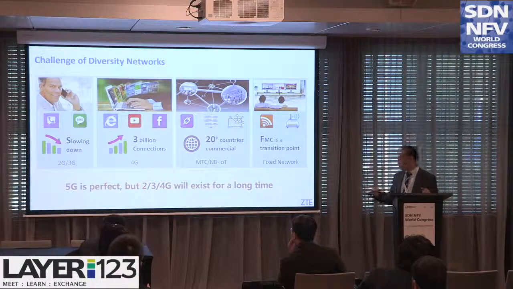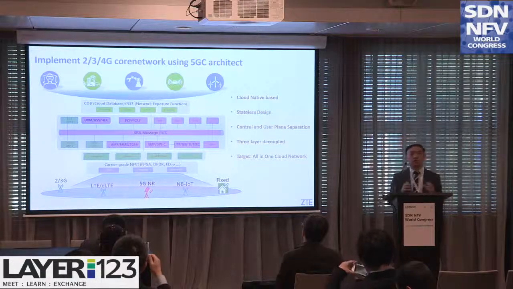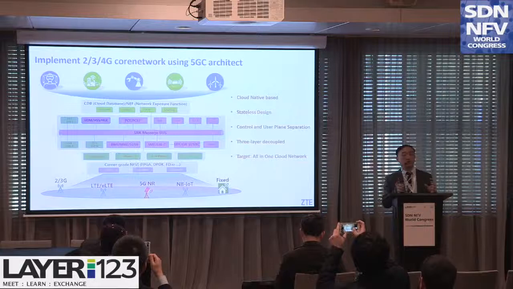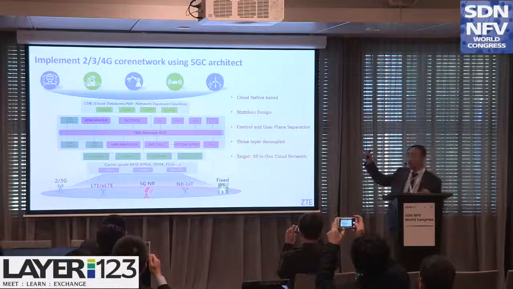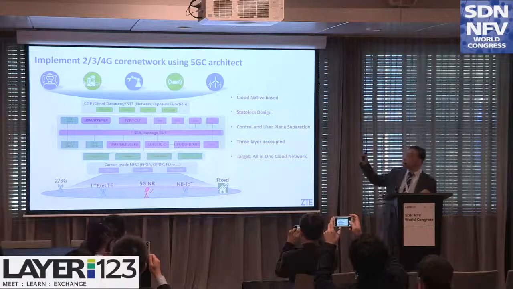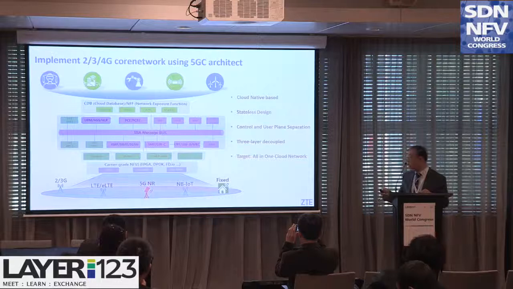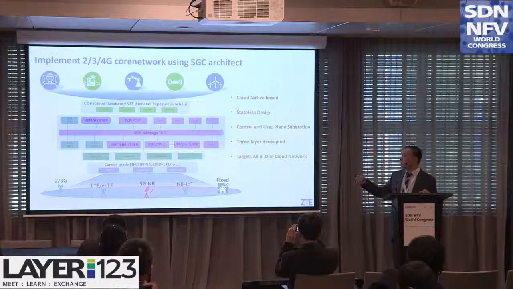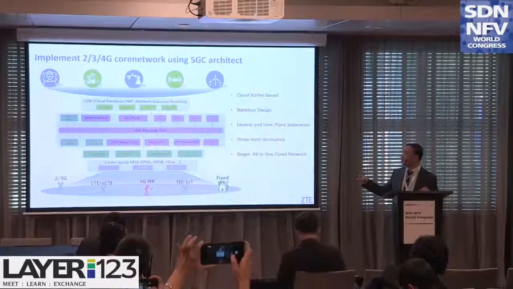So that is ZT's proposal. We propose to make a convergence at the core network side, using the 5GC architecture to match the 2, 3, 4G core network functions. You can see this is a standard 3GPP service-based architecture for 5G.